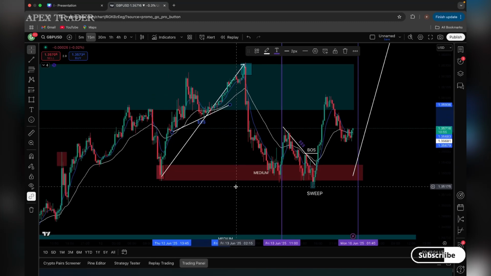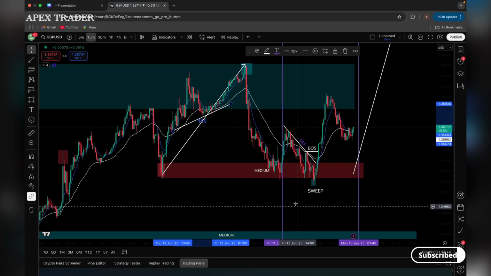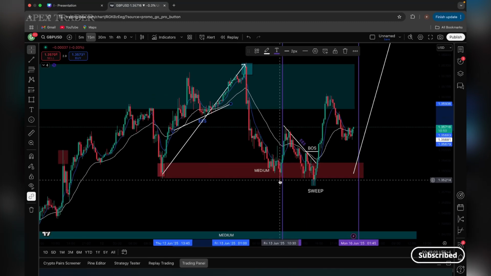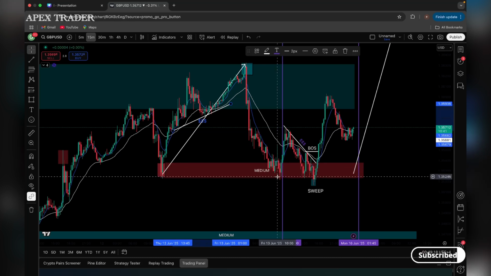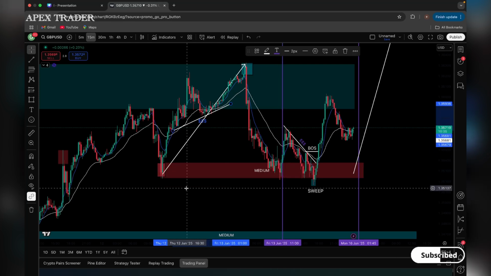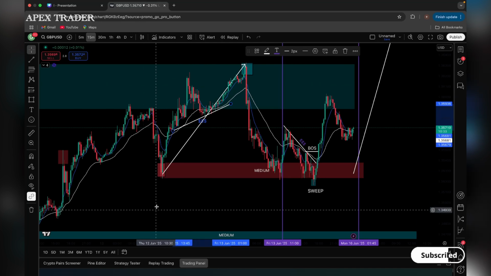Now the market is here, and if you see, this was the Asia range, London and Asia range. This was pre-London, so the market was slow. It was the low, and this pre-London swept this zone's liquidity.